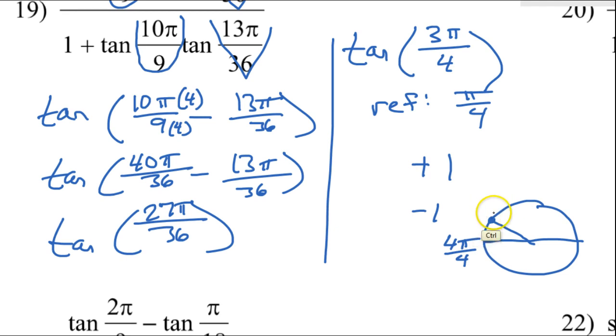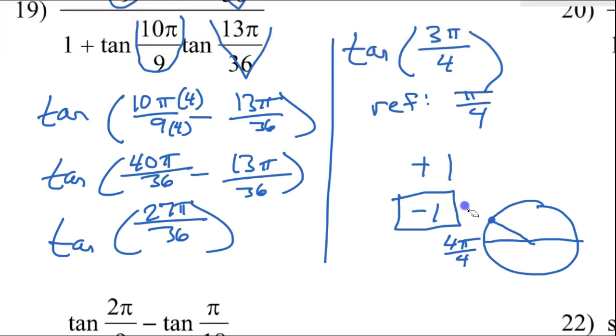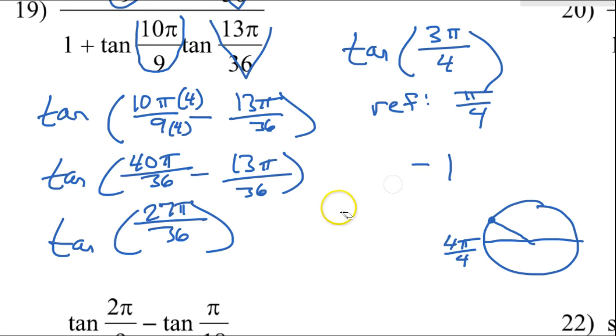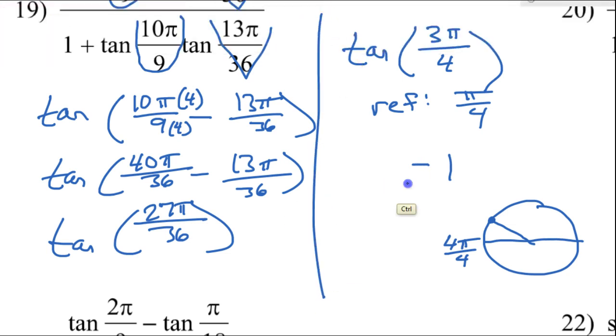So clearly this is quadrant 2. Tangent is negative in the second quadrant, so we'll go with negative 1 instead of positive 1. So that's the answer to number 19.